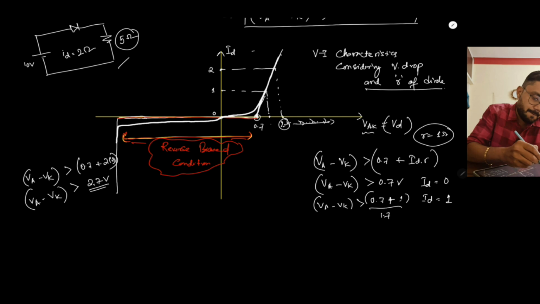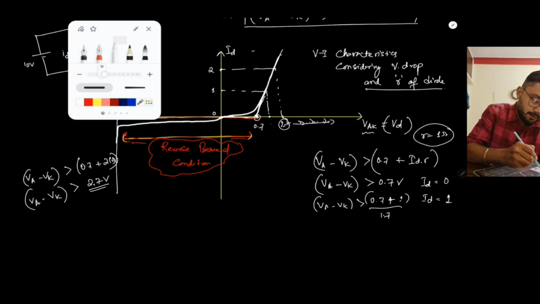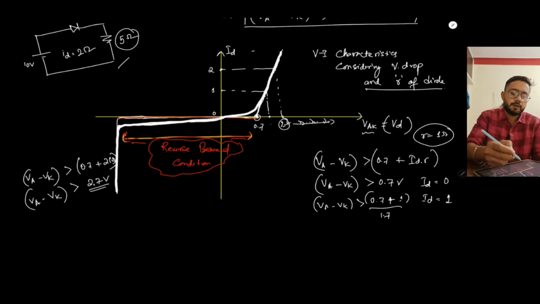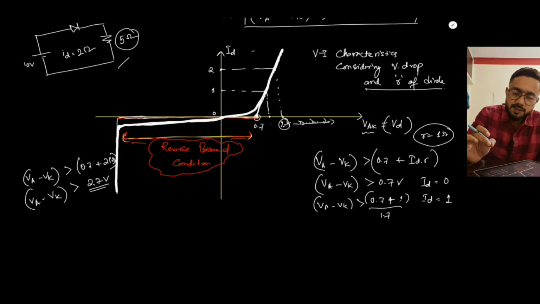Okay, so this is now the VI characteristics of a diode considering the voltage drop, the internal resistance plus the reverse saturation current.